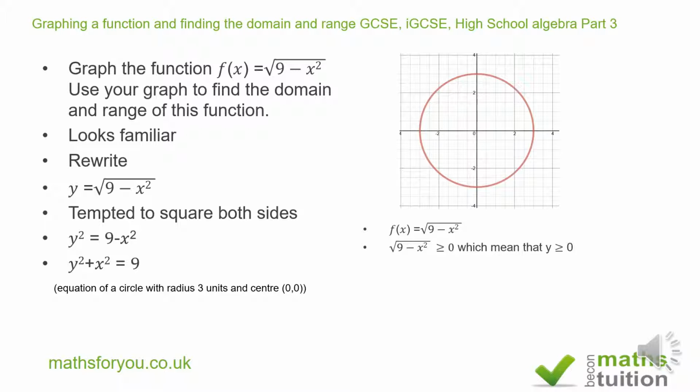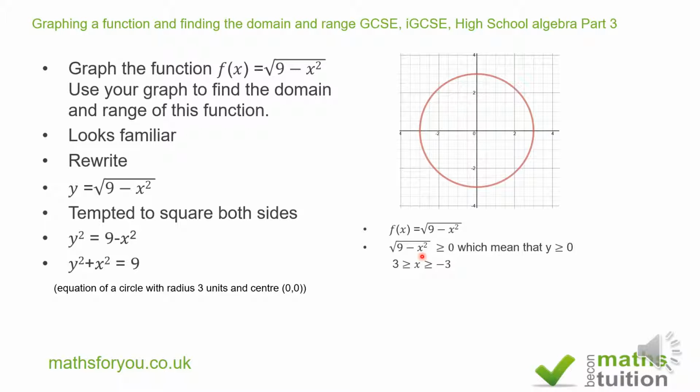Now, for that to be true, the bit inside has got to be greater than or equal to 0, as we already know. So x has got to be less than or equal to 3 and greater than or equal to minus 3. For instance, if x is 4, 4 squared is 16, and 9 minus 16 gives us negative 7.